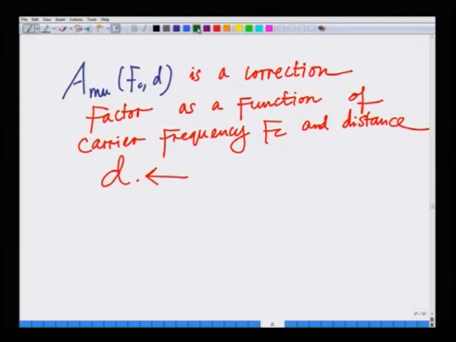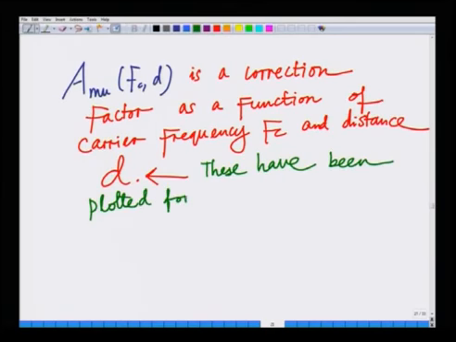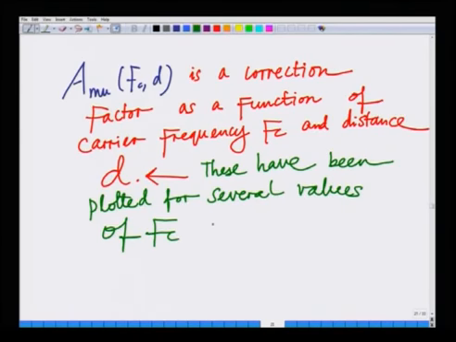Actually, these have been tabulated for several values, several frequencies and distances. Or rather, have been plotted. These have been plotted for several values of carrier frequency Fc and d.